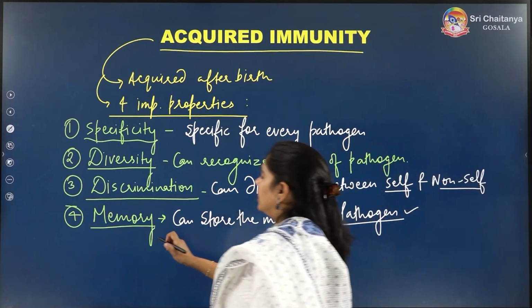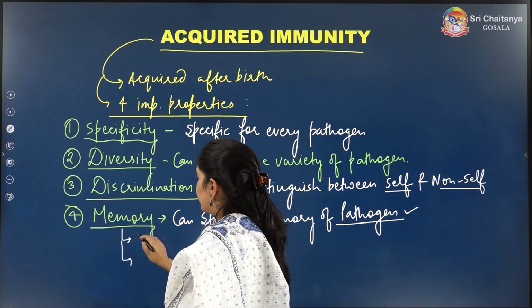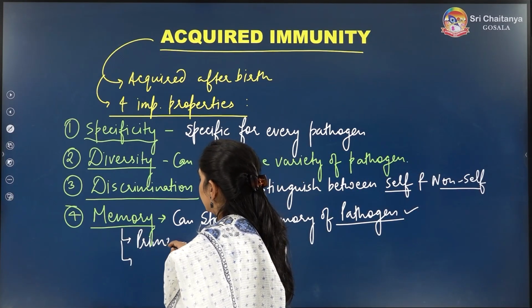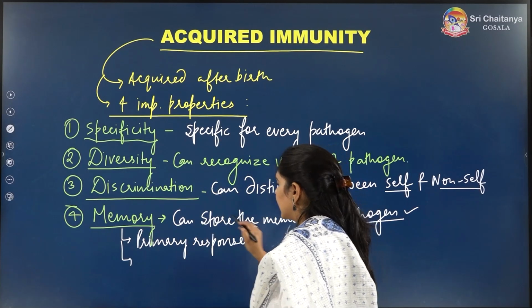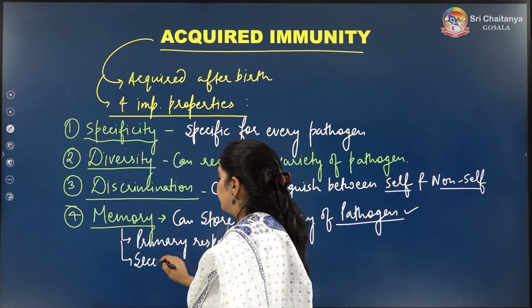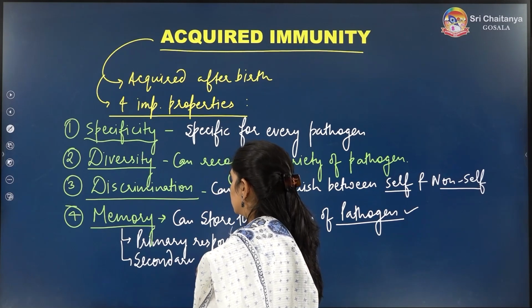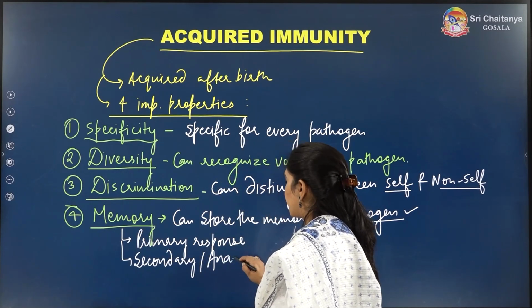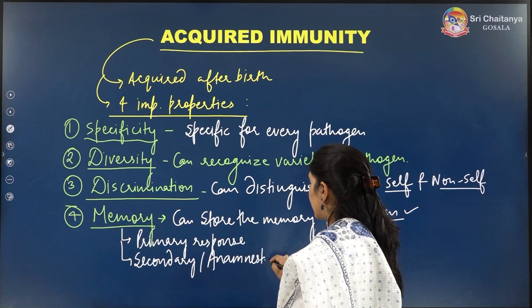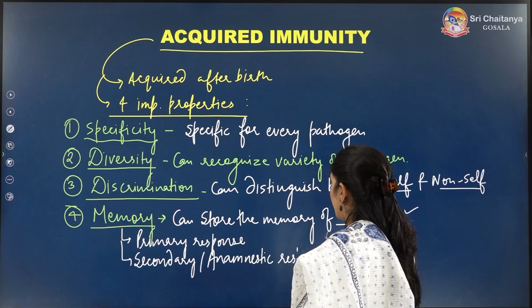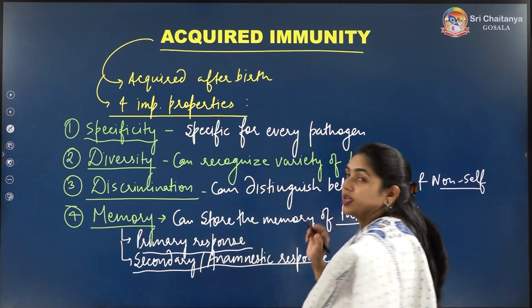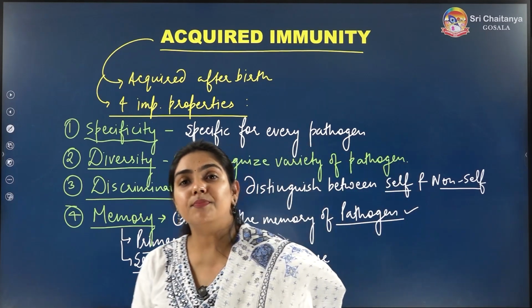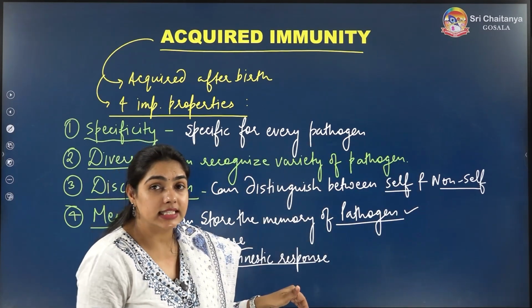So that is why two types of responses are coming. First is primary response. Second is secondary response, which can also be called anamnestic response. I have told you already, primary response will be of low intensity.